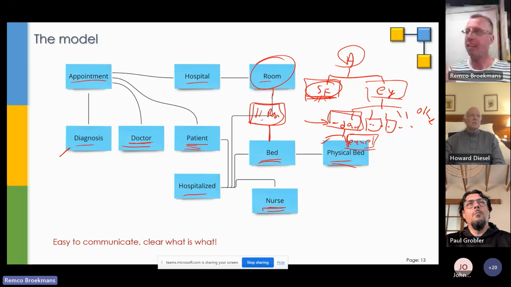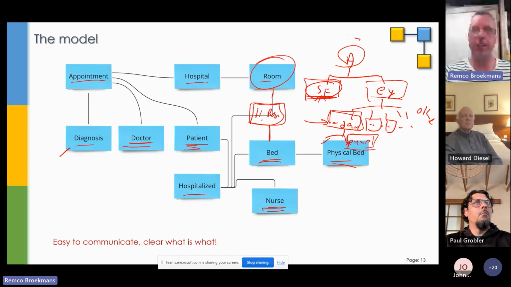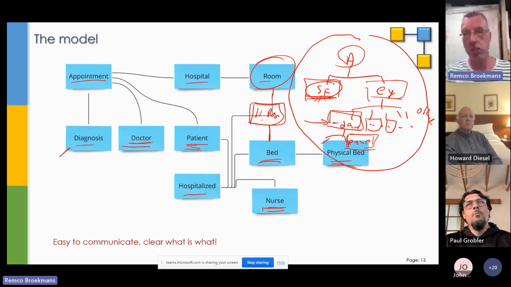So, yes, I like the idea of industry models. I like the idea of reference models, but the same for me, there is always the balance, and I think this nice little drawing over there ends up right on a reference model as well. We have in this case an asset.